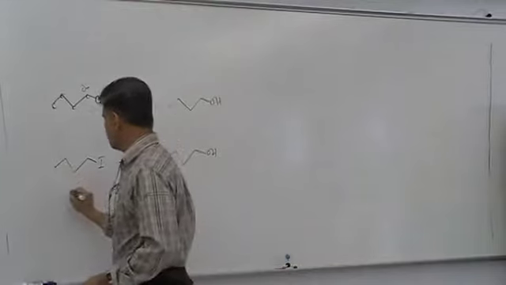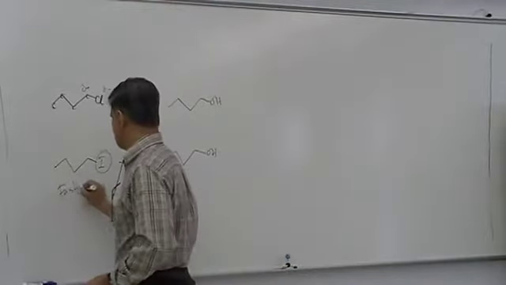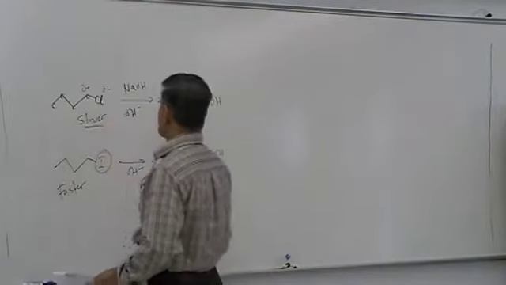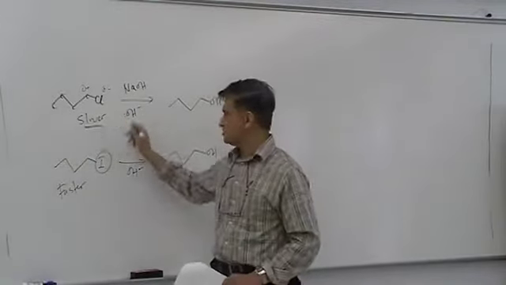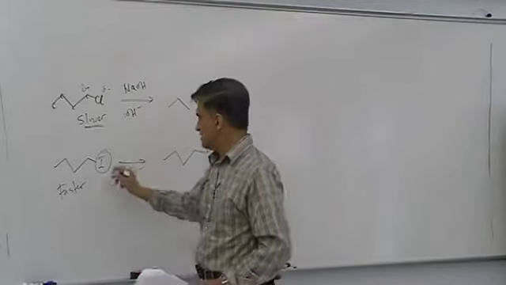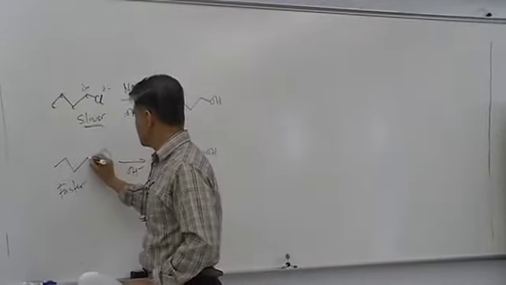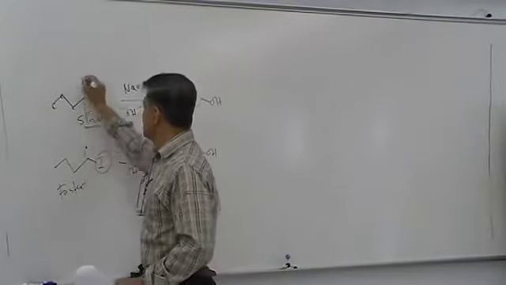The second one is going to be faster because of iodine. These are substitution reactions, OH is taking the place of halogen. So both are substitution reactions. And this is 1 degree carbon. Keep this in mind, this is 1 degree, because this carbon is bonded to only one other carbon, so this is 1 degree.